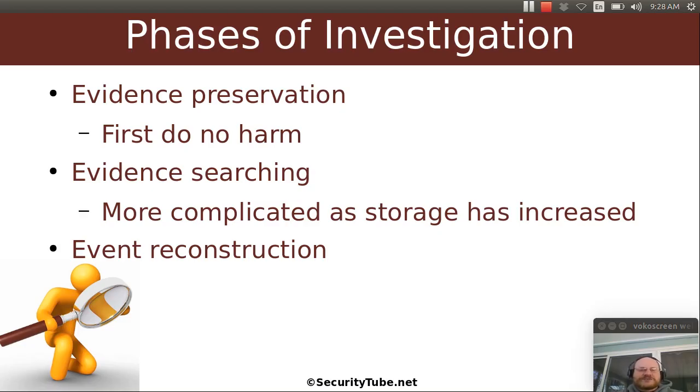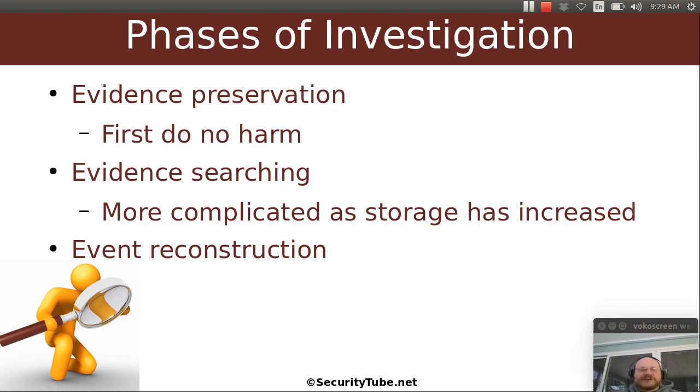And we have thumb drives with huge capacities, etc. And then once we've gathered the evidence, and evidence is just information, we have data, which is just bits and bytes, and then we have information, which is that data with meaning, and then we have evidence. Evidence is information that supports or refutes some sort of hypothesis.